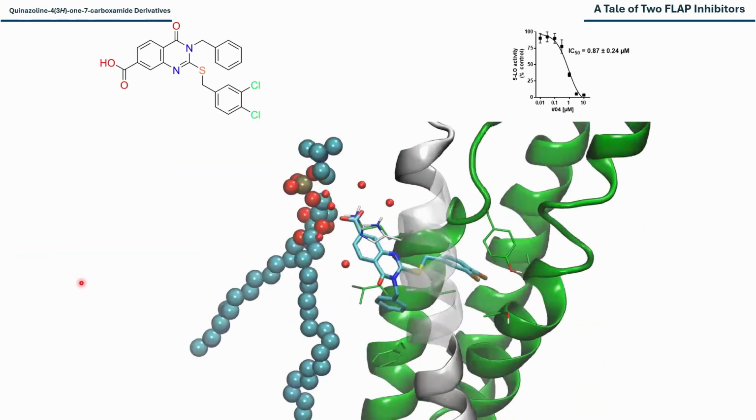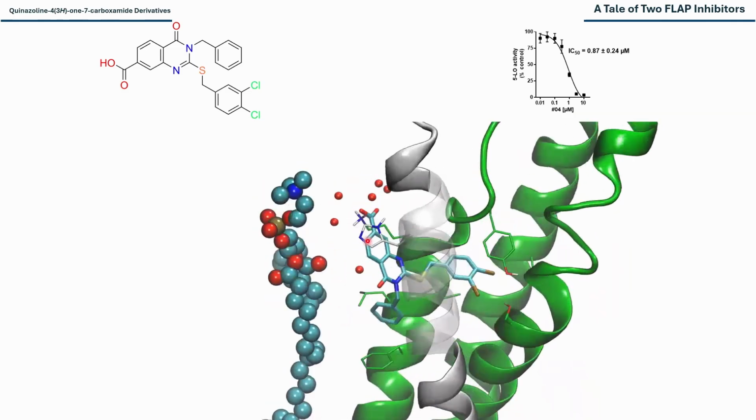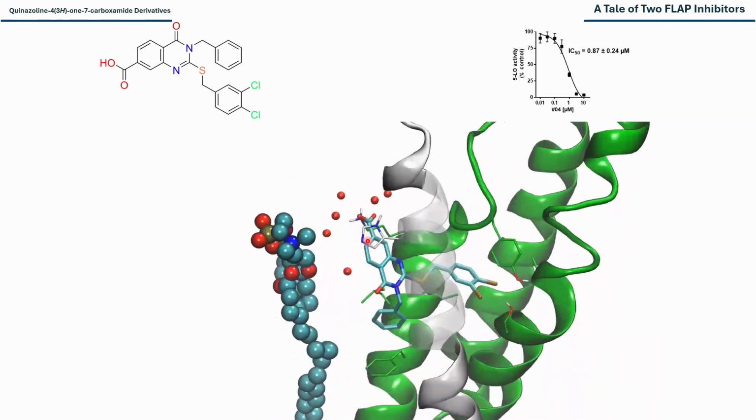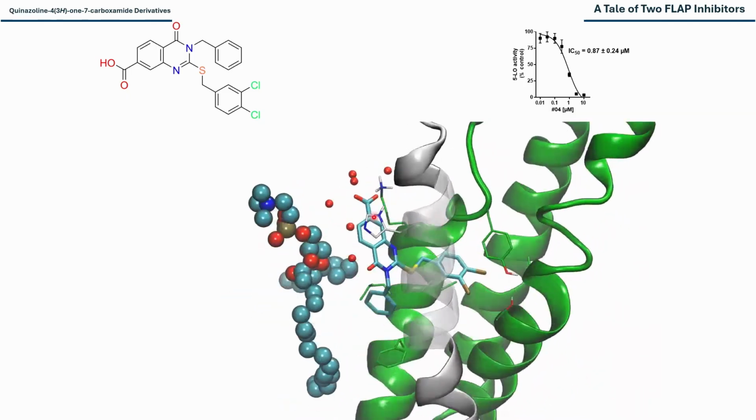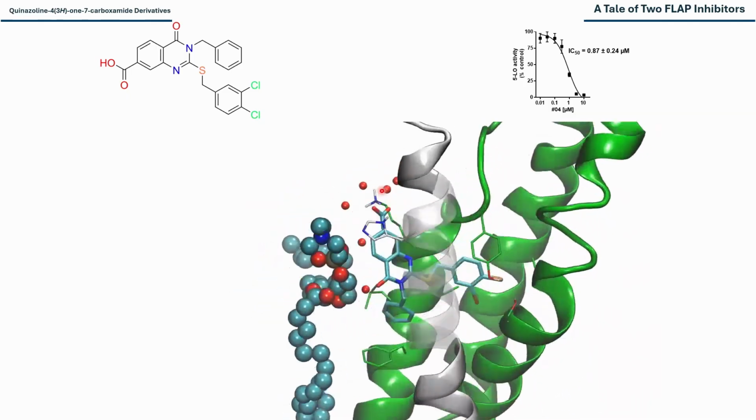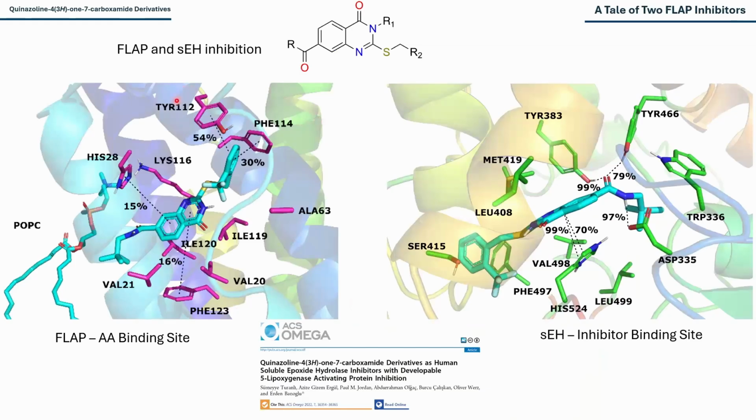In a following study, this was another hit compound derived from the virtual screening. You see again the salt bridge and water bridge here. And here we obtained a dual inhibitor by replacing the acidic group with an amide and by also replacing one of the aromatic rings.